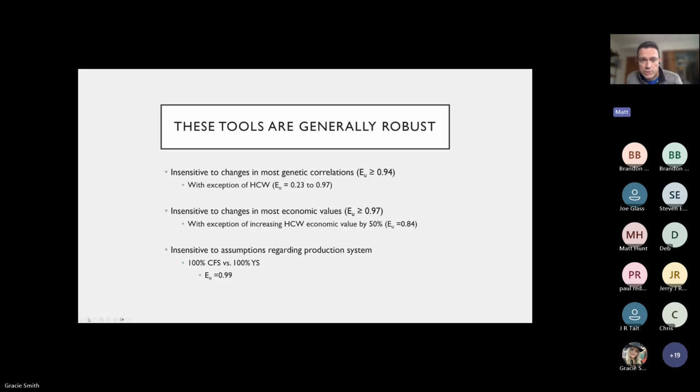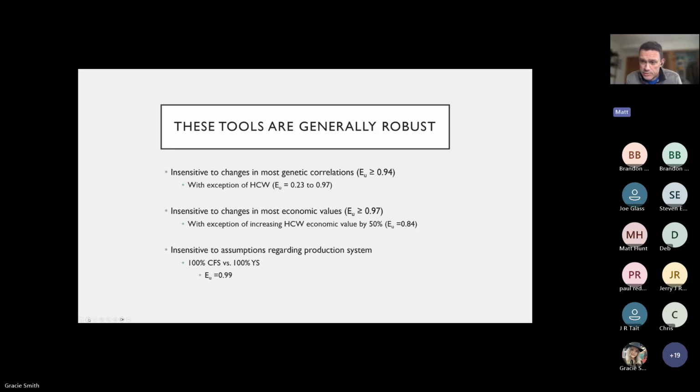So we looked at changes in the genetic correlations between hot carcass weight and other traits in the index. And generally, the index was robust to those changes, with the exception of when we started changing the genetic correlation with hot carcass weight and other traits, but we had to change it in a really big way. So we went through and changed genetic correlations by a magnitude of 0.4, which is huge.